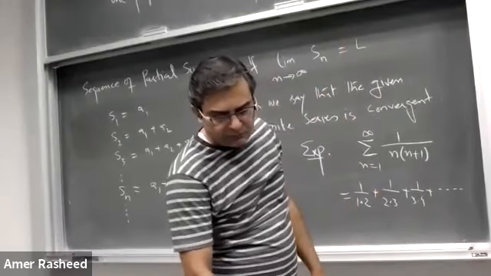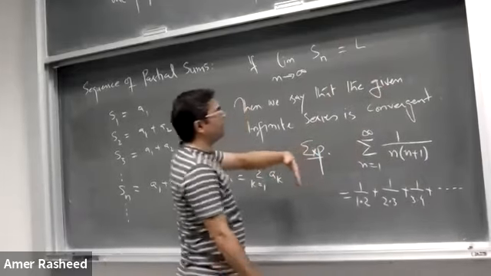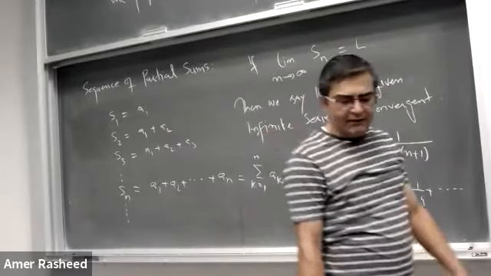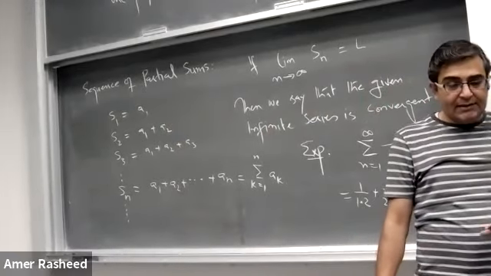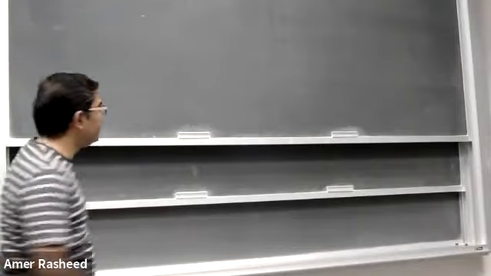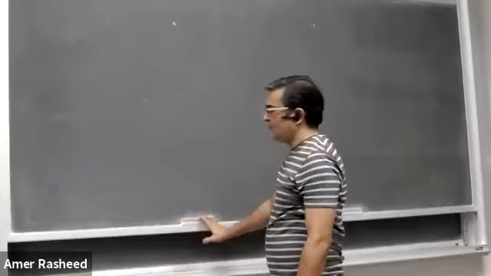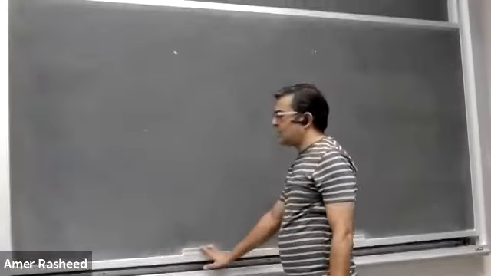Now, first of all, we have to write the sequence of partial sums of this infinite series. How do we write it? Let me show it to you. Let me use the other board. The sequence of partial sums would be: S1 is 1 over 1 into 2.